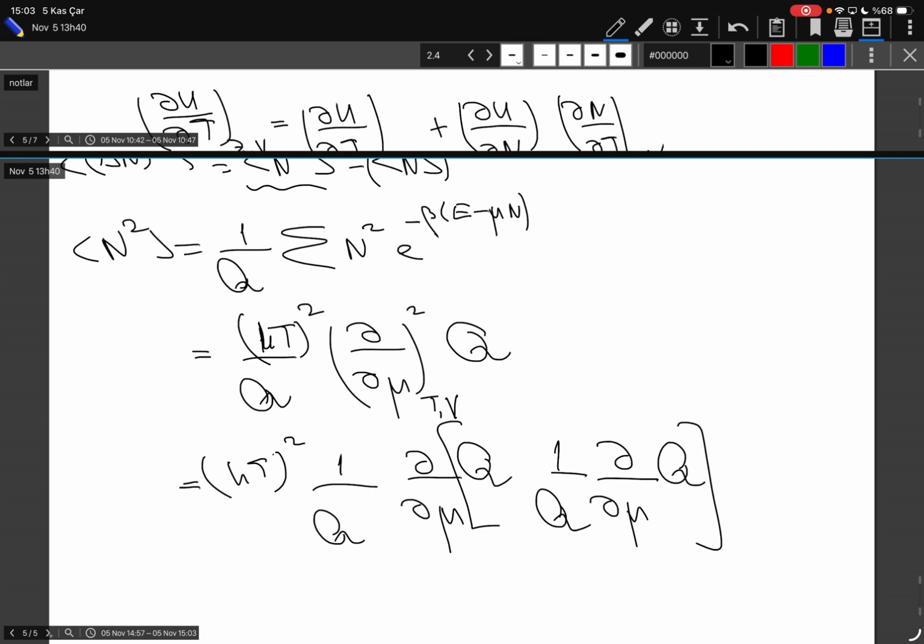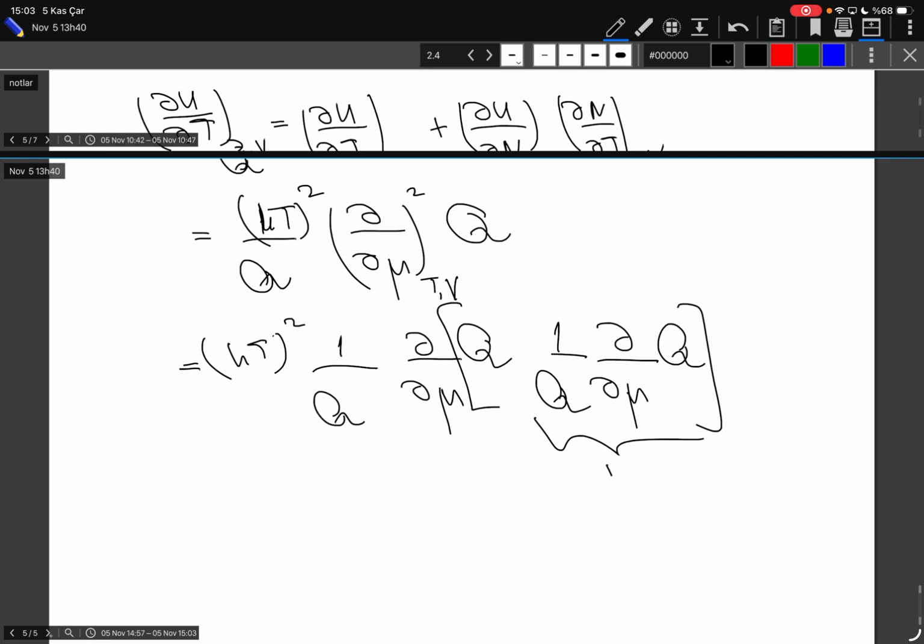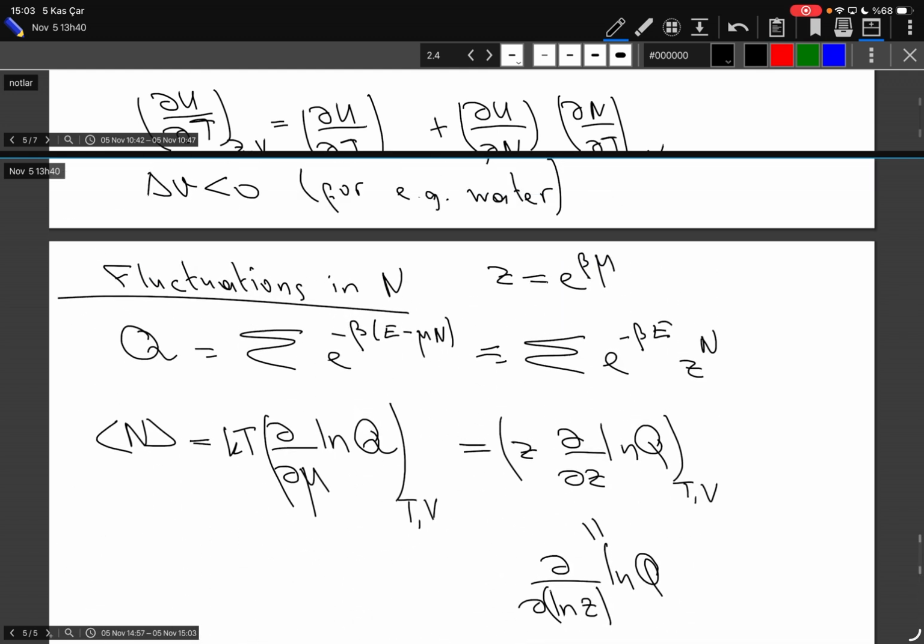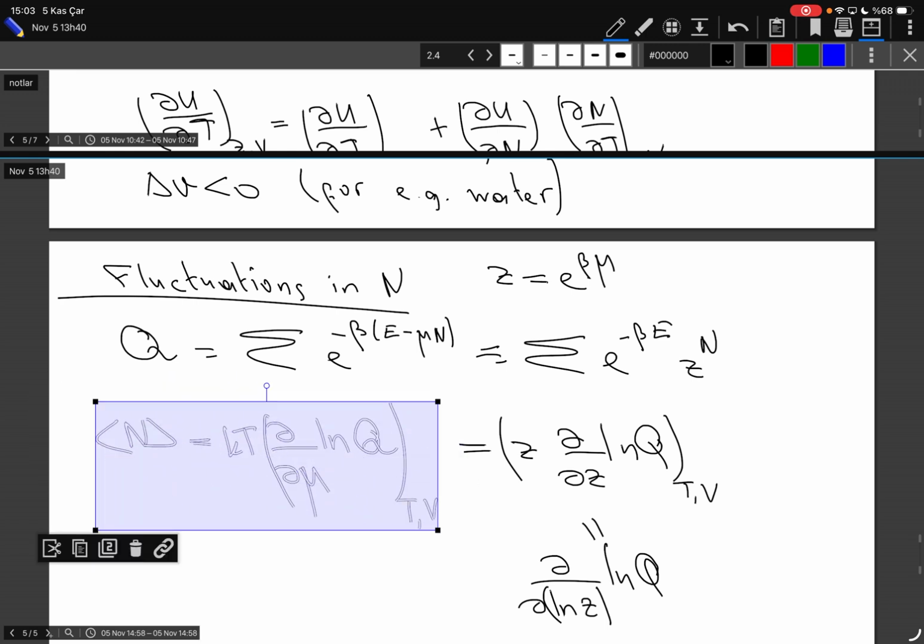Now here I already have a derivative of the logarithm of q. That is nothing but n over kt. Yes, if you look at this expression, n is just the derivative of the logarithm of q multiplied by kt. So if I divide by kt, it's just the derivative of the logarithm of q with respect to the chemical potential.